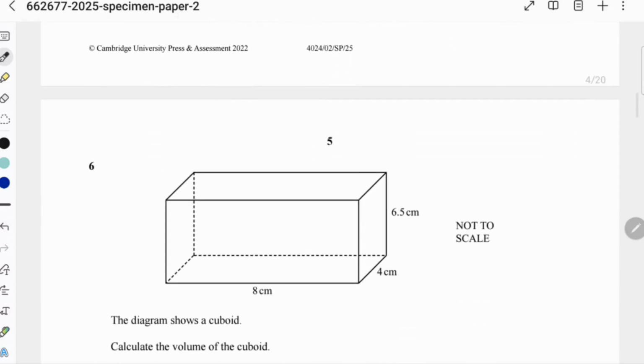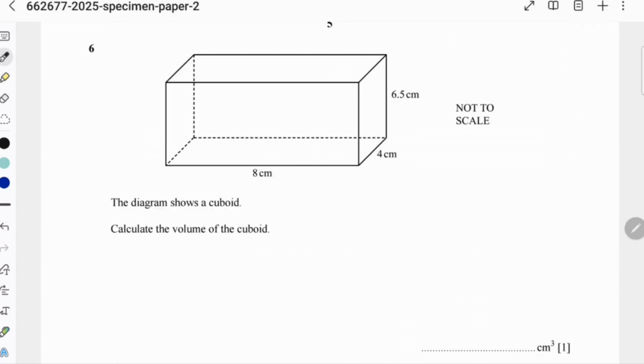Okay, the next question is a mensuration question. We can see a cuboid, length and width are 8 and 4 and the height is 6.5.